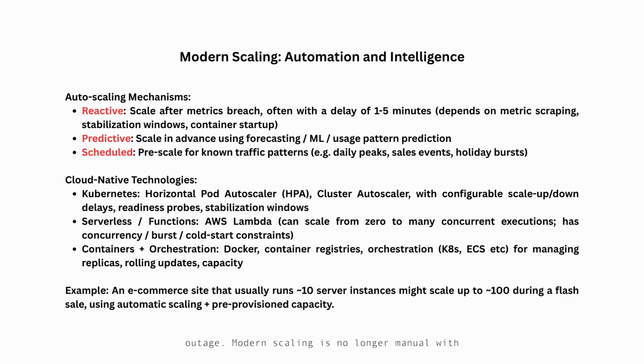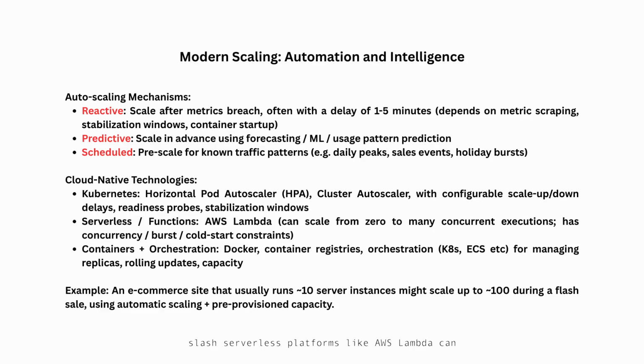Modern scaling is no longer manual. With reactive autoscaling, systems respond to metric breaches, though there is a time lag due to metric collection, container startup, readiness, etc. Predictive or scheduled scaling helps mitigate that lag for known or forecastable load spikes. Kubernetes has built-in tools like HPA and Cluster Autoscaler, which require tuning of readiness and stabilization windows to avoid overshoot and crashes.